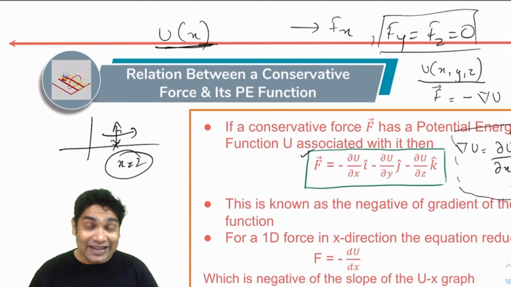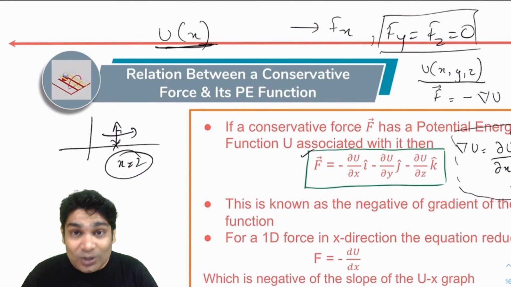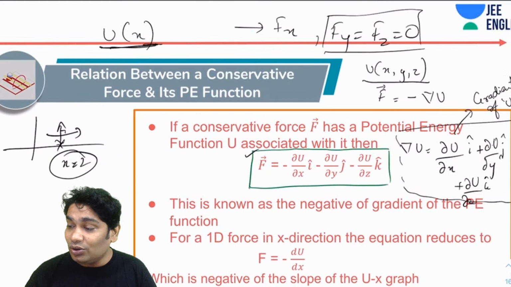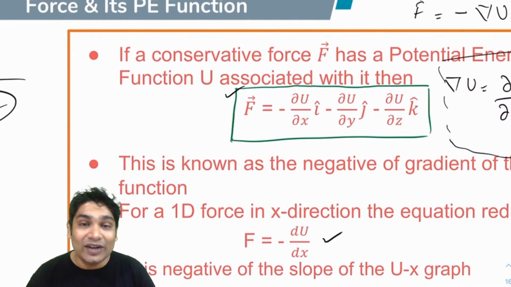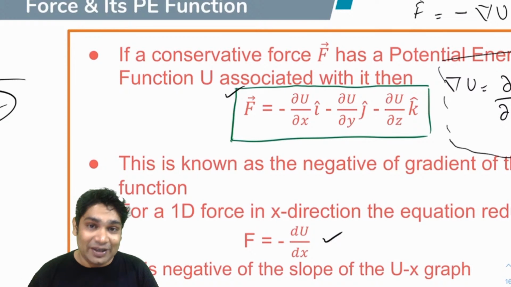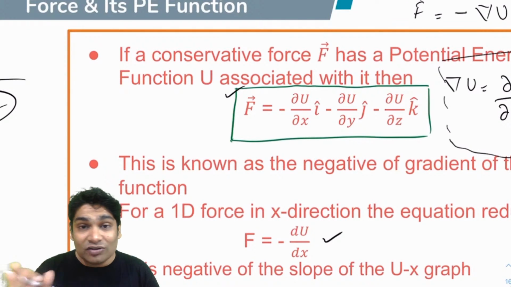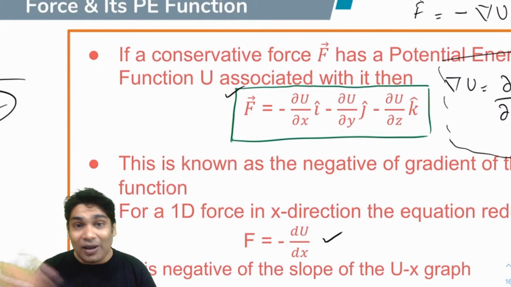So in case u is only a function of x, you know that then we can only write this du over dx. When do we use partial derivatives? When u is a function of more than one variable. When you have a function which involves more than one variable, then we define partial derivatives.